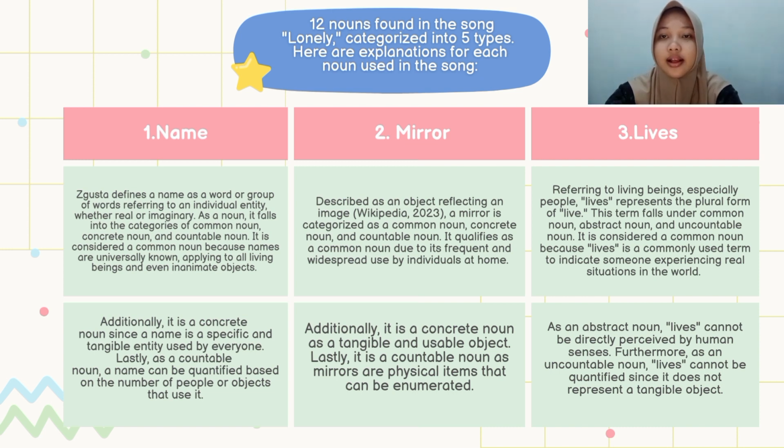The third is lives, referring to living beings, especially people. Lives represent the plural form of life. This term falls under common noun, abstract noun, and uncountable noun. It is considered a common noun because lives is a commonly used term to indicate someone experiencing real situations in the world.